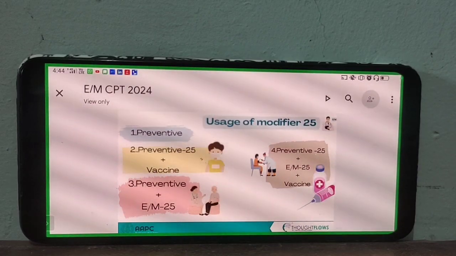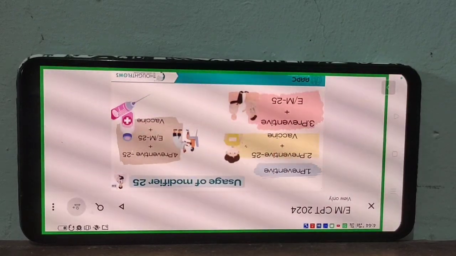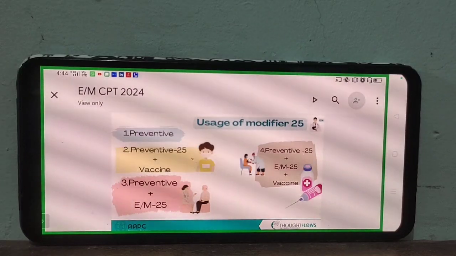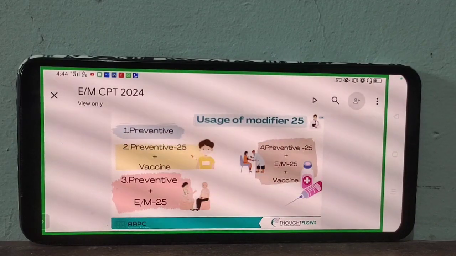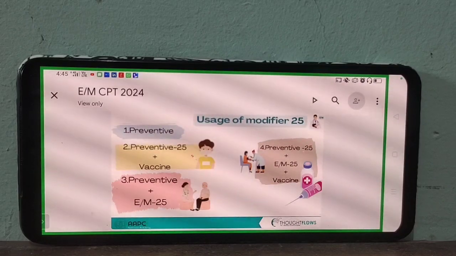Using modifier 25. Suppose a patient takes preventive medicine alone, then there is no need for a modifier. Suppose during the same time, a patient takes the service of preventive medicine and a vaccine injection.